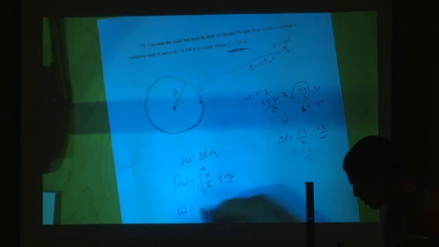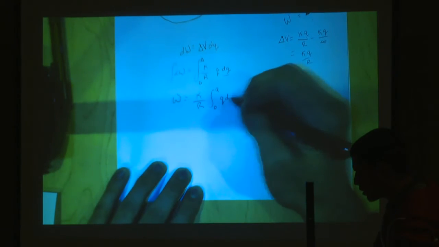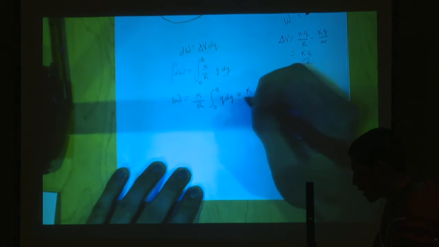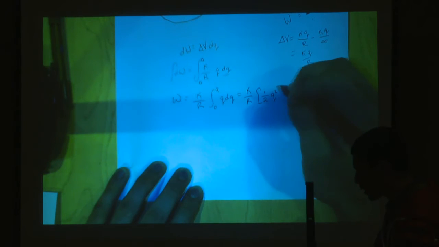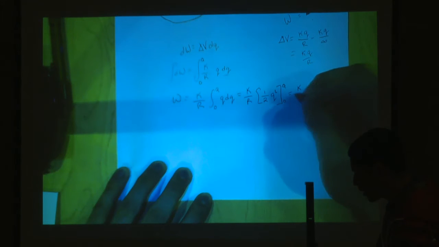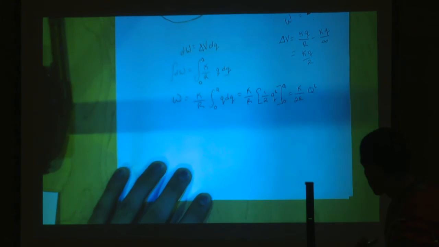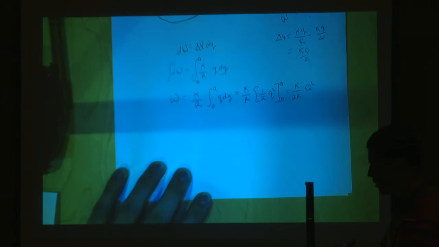So I can pull out our constants. We'll have work is equal to K over R times the integral from 0 to Q of Q dq. That's going to equal K over R times 1/2 Q squared from 0 to Q. Plugging that in, we'll have K over 2R times Q squared, and that would essentially be your final answer.